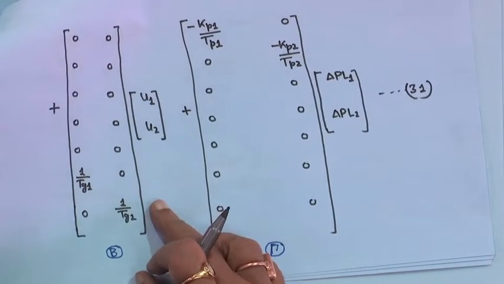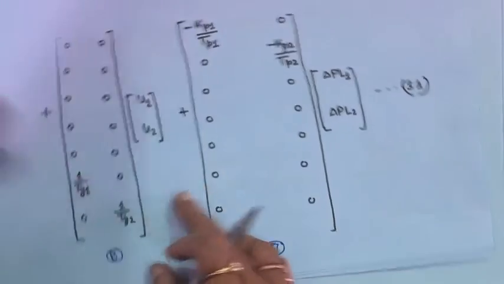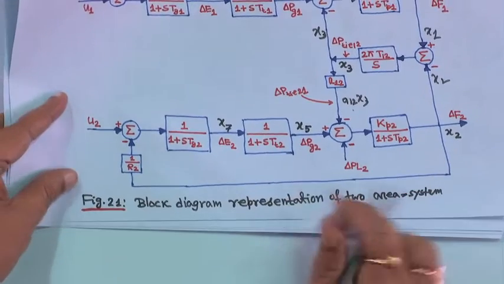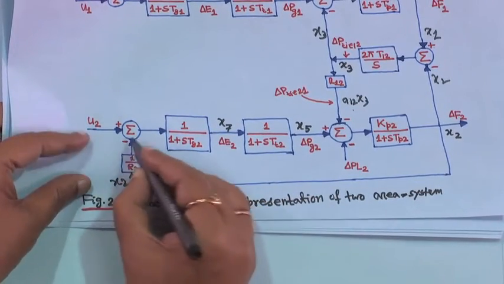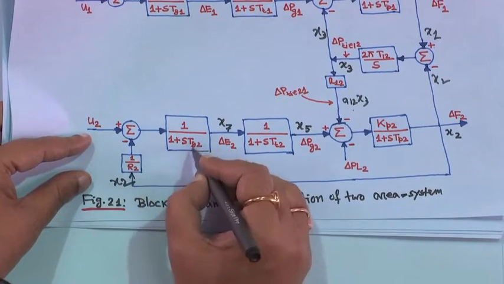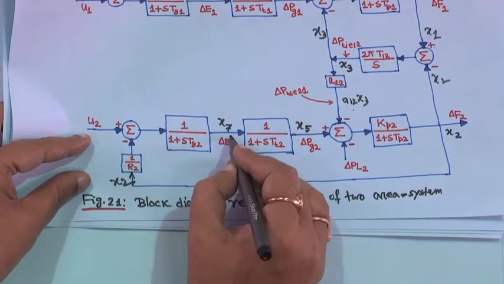Similarly, if you write your last equation, that is x7, look here: this is actually x2. So it is u2 minus x2 upon r2 into 1 upon 1 plus s Tg2, is equal to x7.